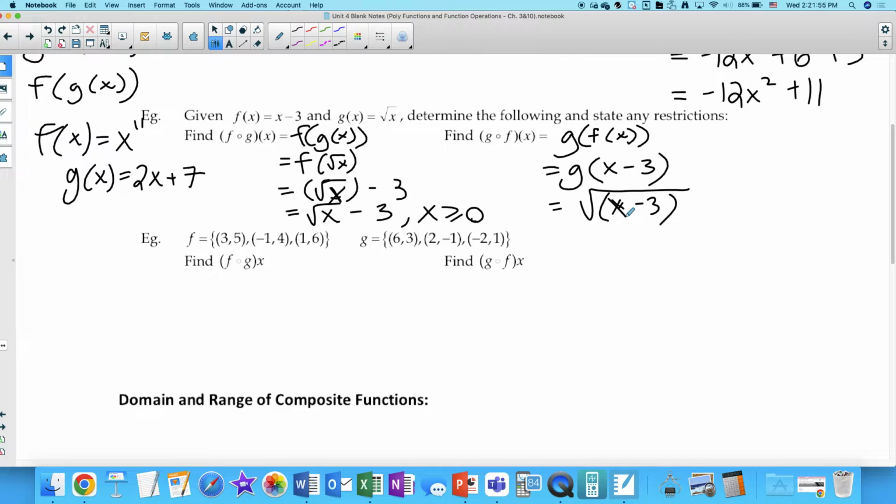I personally get in the habit of doing it because if there was a coefficient here or if this was squared, then that bracket would be really significant. What are the restrictions here? x is greater than or equal to 3. This is essentially a horizontal translation, 3 units right. All right, here's another one.